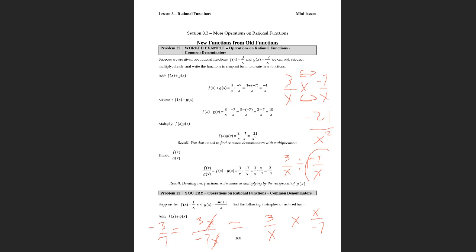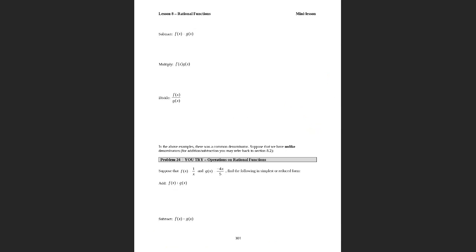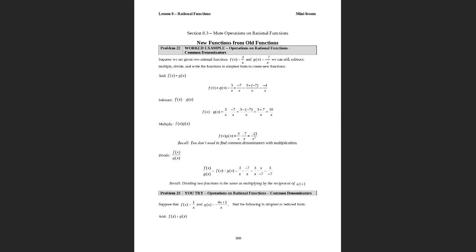All right. So we have a try-it problem, problem 23. We are going to do 23 and then we move on. So we have 1 over x plus negative 4x plus 1 over x.